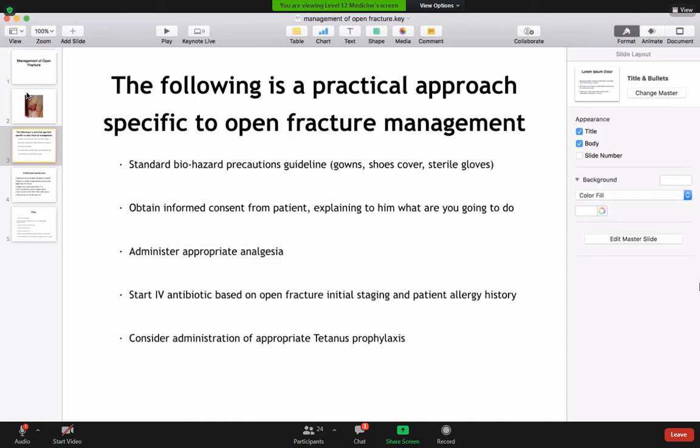If it's more than 5 years, you give Toxoid and immunoglobulins. So the main thing is the timing of the booster dose. If it's a dirty wound, it's usually a 5 year time frame. In a clean wound, it can be up to 10 years.